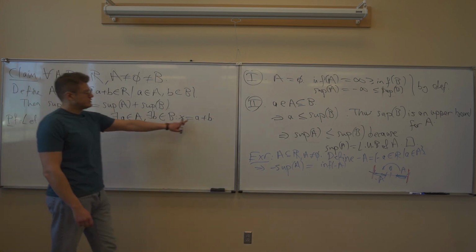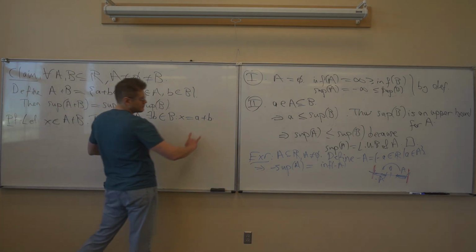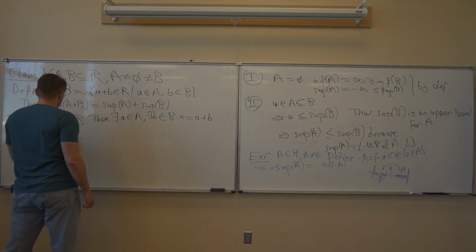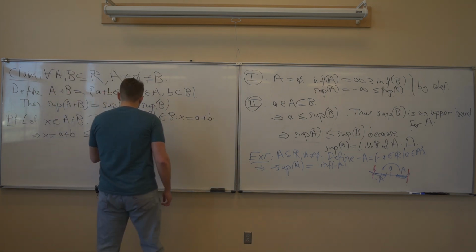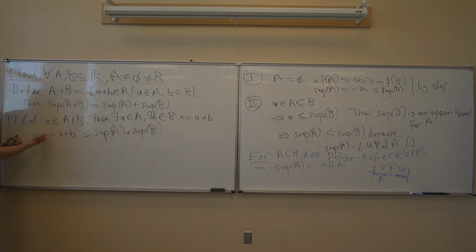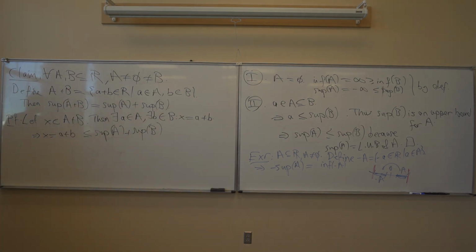Well, a is bounded by sup of A and b is bounded by sup of B. If I add them up, that's going to give me an upper bound for this guy. So for any element in A plus B, sup of A plus sup of B is an upper bound. If I want to be more careful, I should split cases.